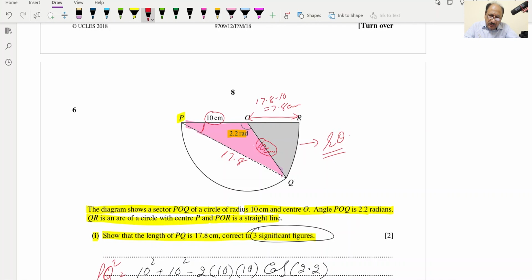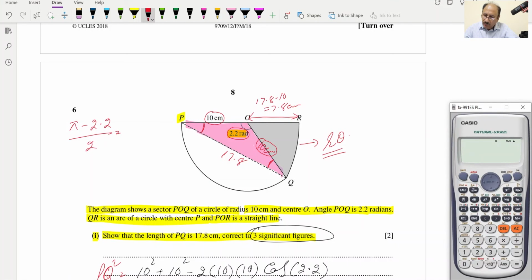This one is basically 2.2 radian, so the remaining will be divided into two parts. So we can write (pi minus 2.2) divided by 2, and this will be equal to, we can write this as a fraction.